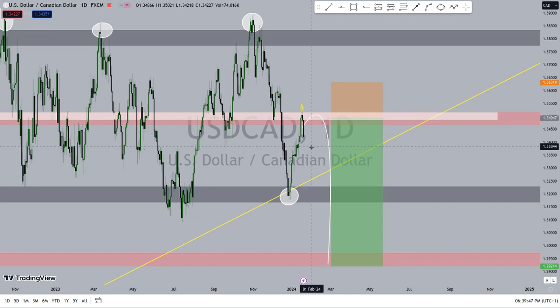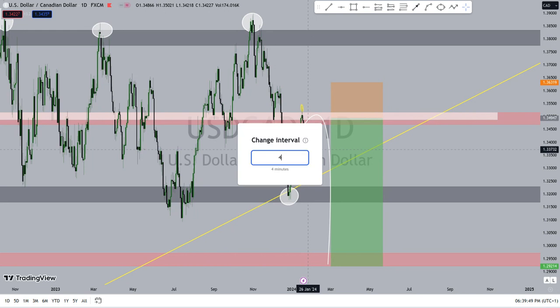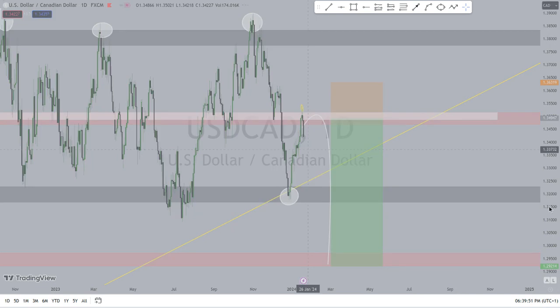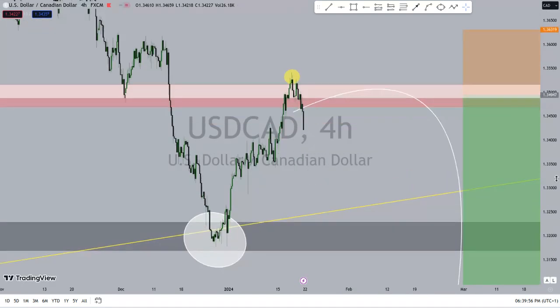Price, as we expected, came to this region. You can go to the 4 hour time frame so we can see what really occurred on that level.